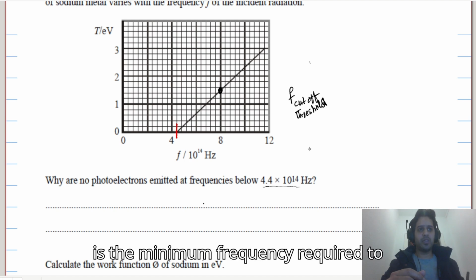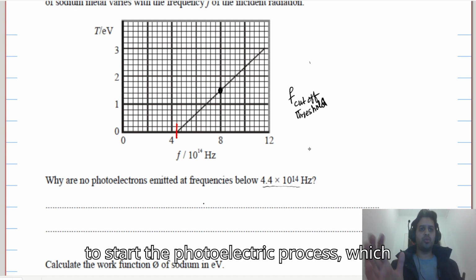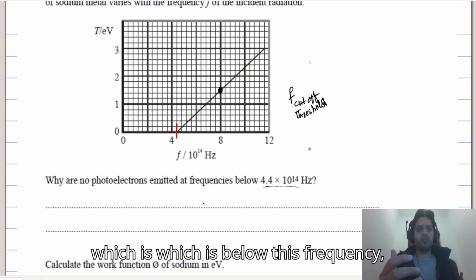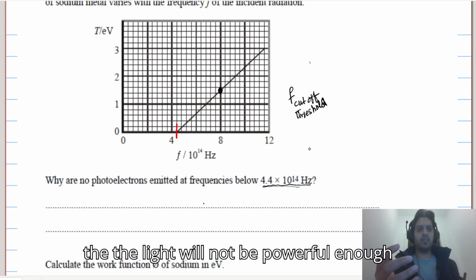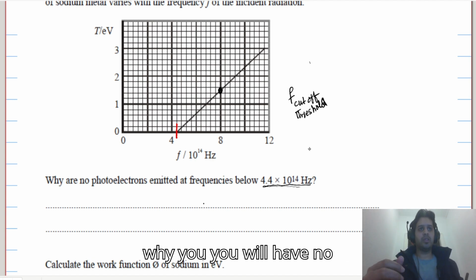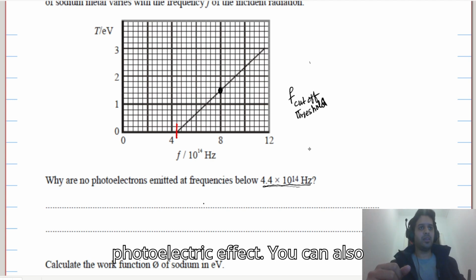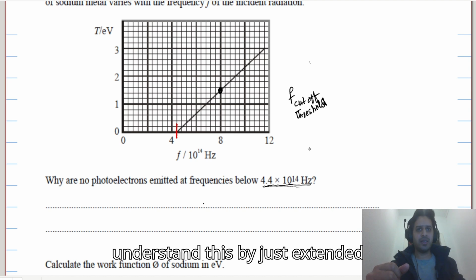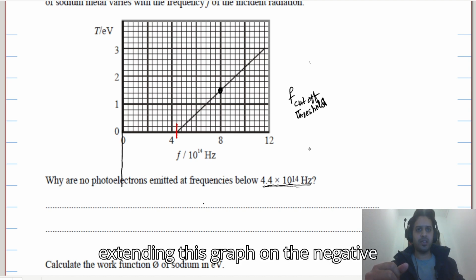This is the minimum frequency required to start the photoelectric process, which means if you're using a light which is below this frequency, the light will not be powerful enough to overcome the work function, and that's why you will have no photoelectric effect.